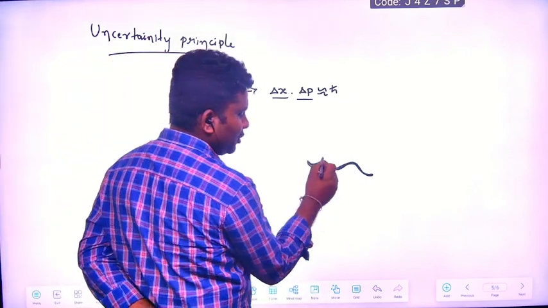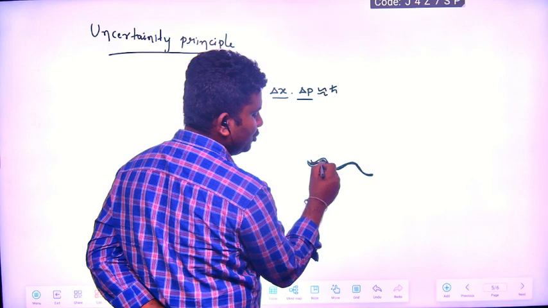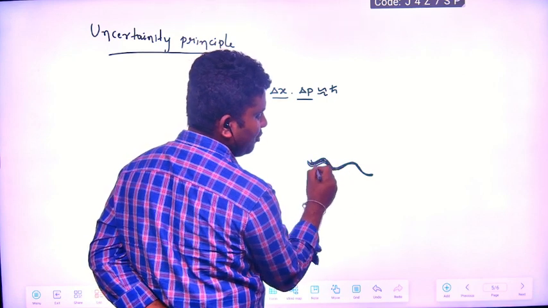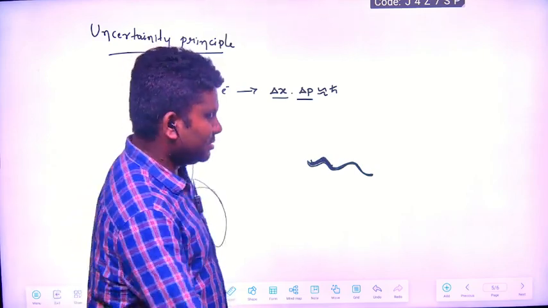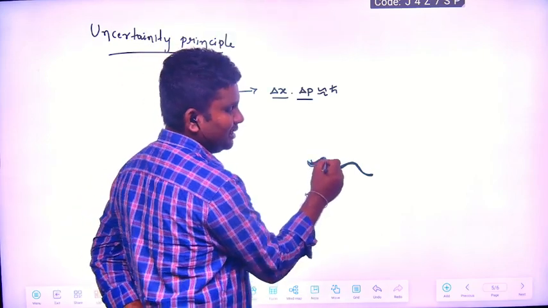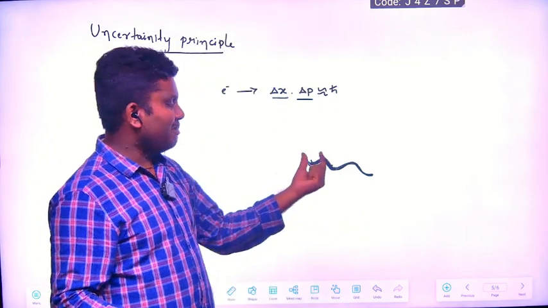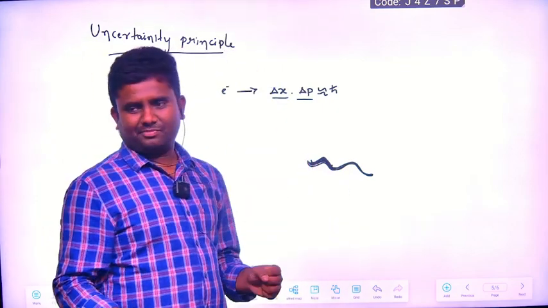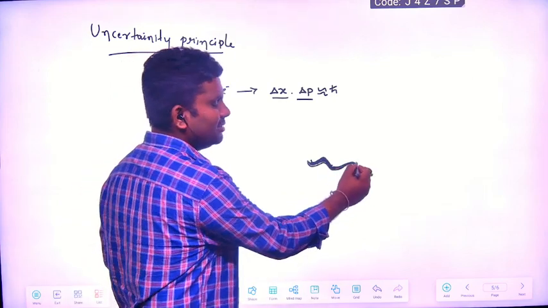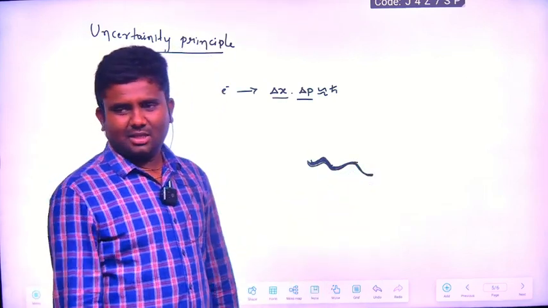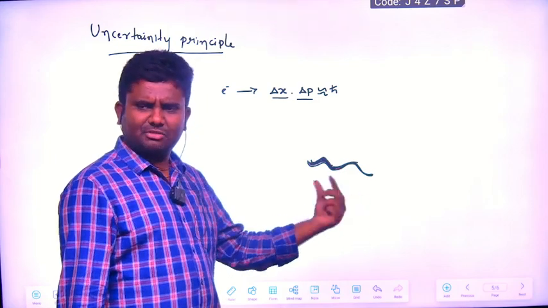If the electron is at this position, the probability of finding it there will be more, a maximum probability. But immediately the electron will jump to the next place. The electron always moves very fast, so it will vary.